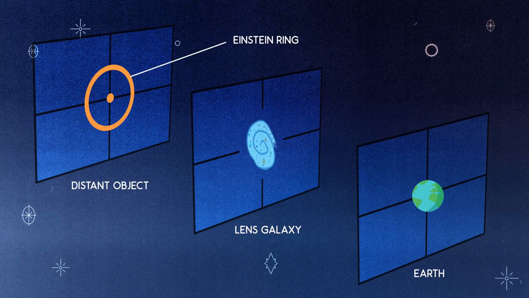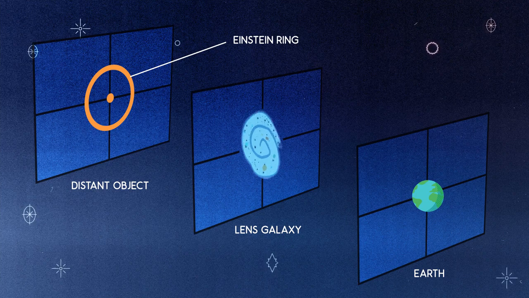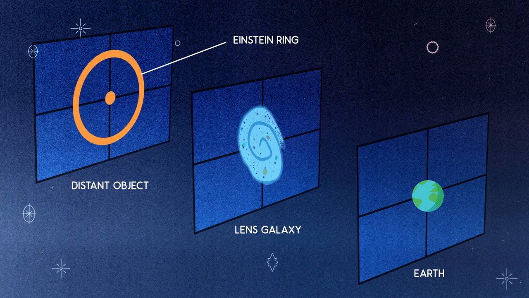The size of an Einstein ring is related to the mass of the nearby object. For the images that we've shown, the nearby mass is a galaxy, and galaxies have gigantic masses, larger than 100 billion suns. The large mass gives a large deflection and a bigger-looking Einstein ring.